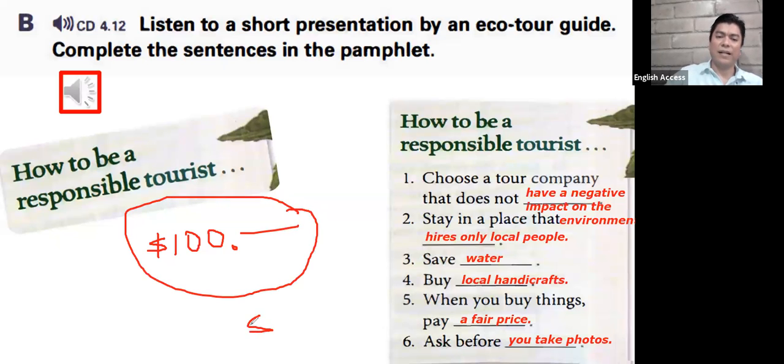Don't say, oh, I'll give you 50. When you buy things, pay a fair price. That means don't haggle. Do not bargain. Pay what he says. If he says 100, pay 100. Because that's what supports him and his family.